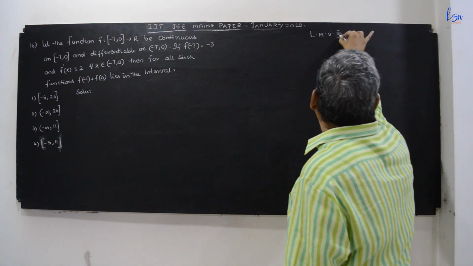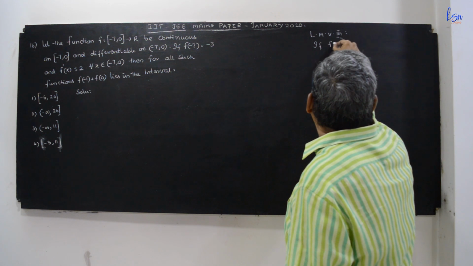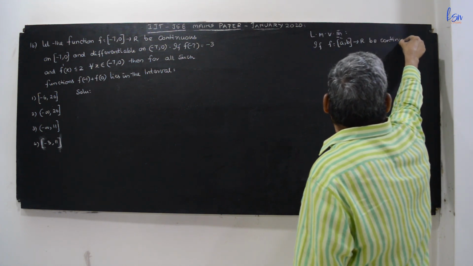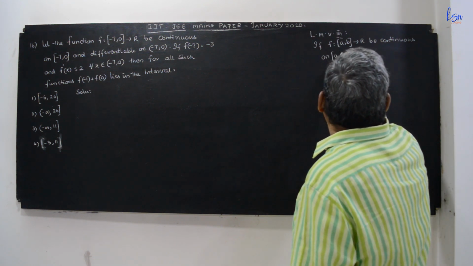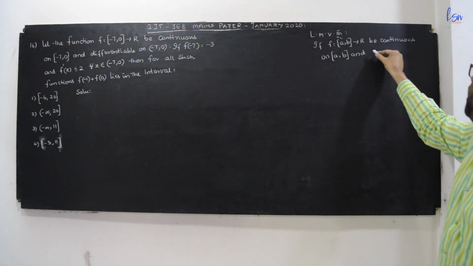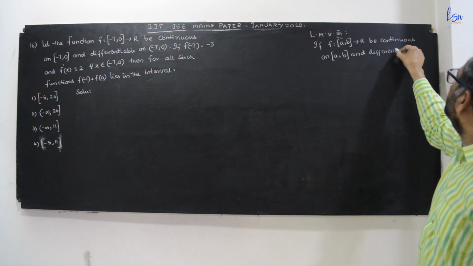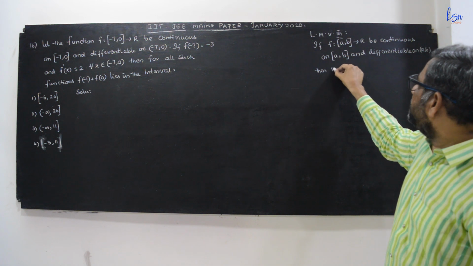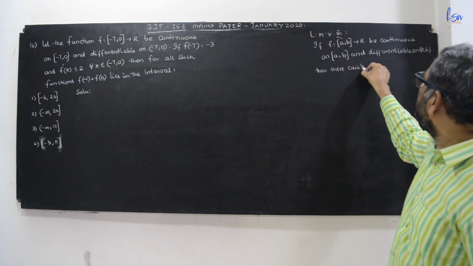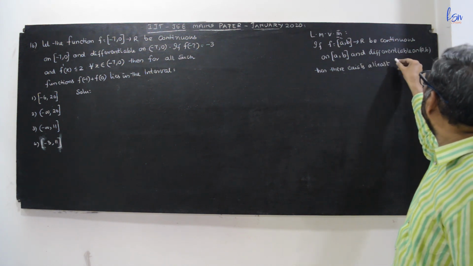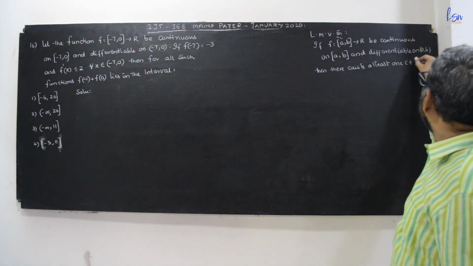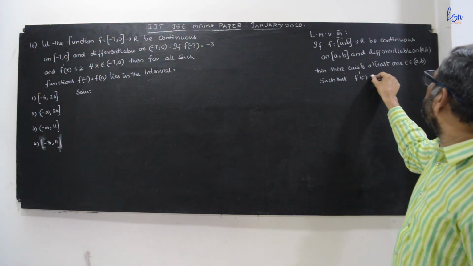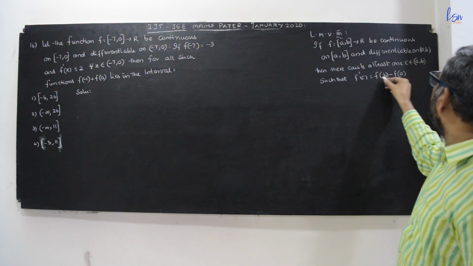Lagrange's mean value theorem says, if f from a comma b to R is continuous on closed a comma b and differentiable on open a comma b, then there exists at least one c belonging to open a comma b such that f dash c is equal to f of b minus f of a by b minus a.